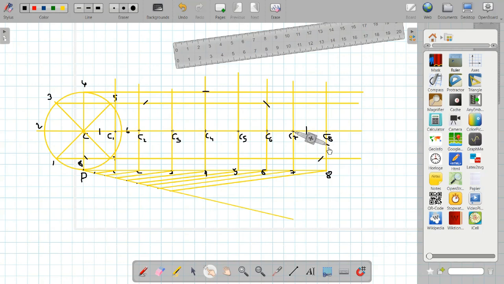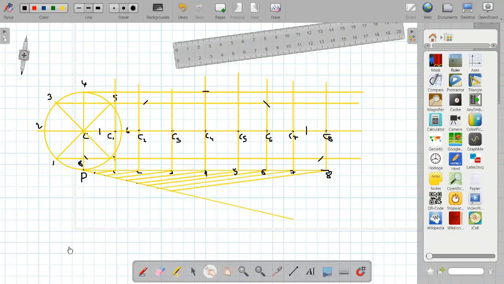And then finally, I will shift the center to C8. If your construction is perfect, then this will exactly cut at this particular point. That means the arc will be tangent to that line at 8. So this is the particular point.